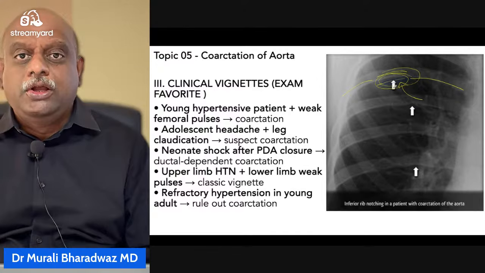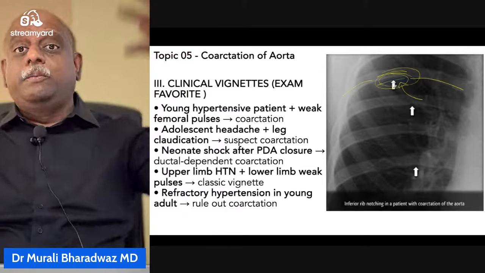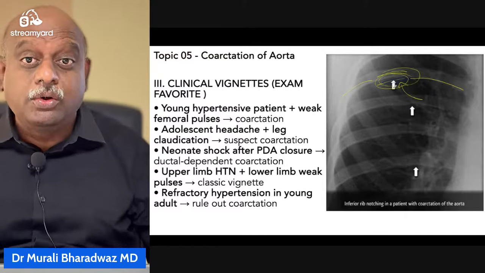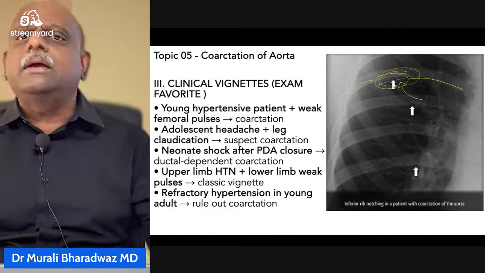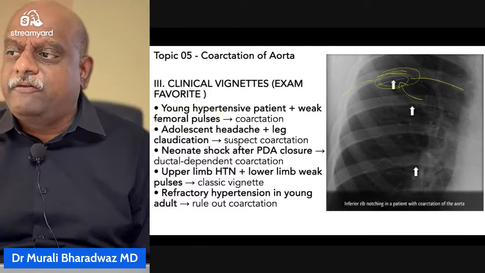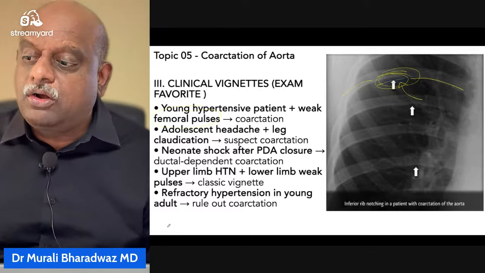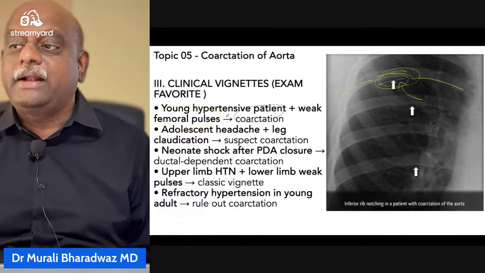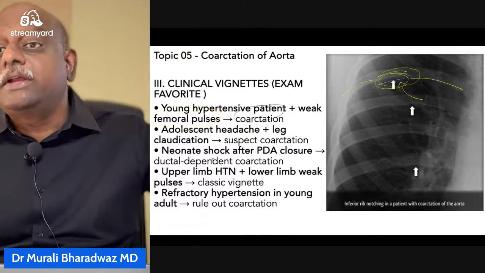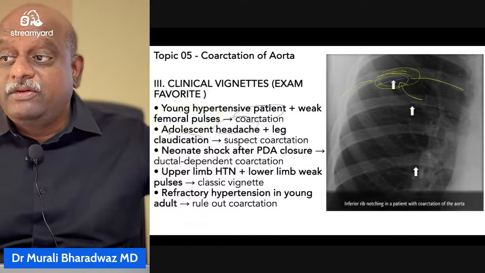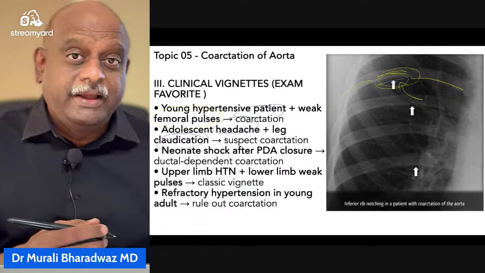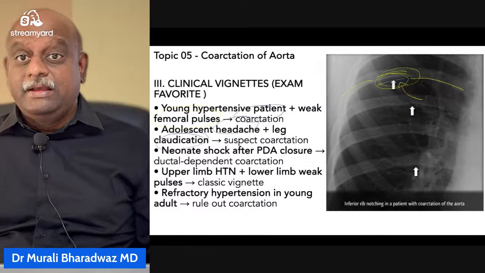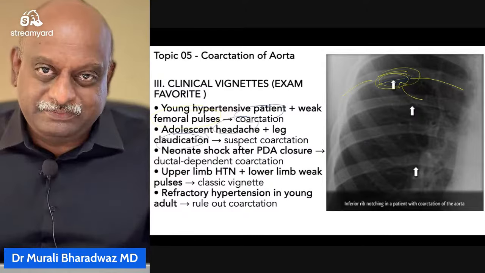So any young hypertensive patient, upper limb will show hypertension, lower limb will show hypotension. Any young hypertensive patient with weak femoral pulses, when you come across the combination, you will think of coarctation. Any adolescent who presents with headache, with claudication of the leg, a little walking will lead to development of ischemic pain, suspect coarctation.